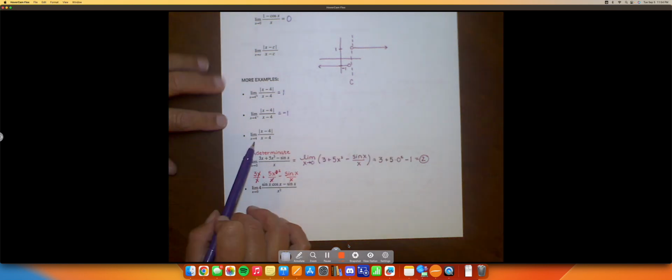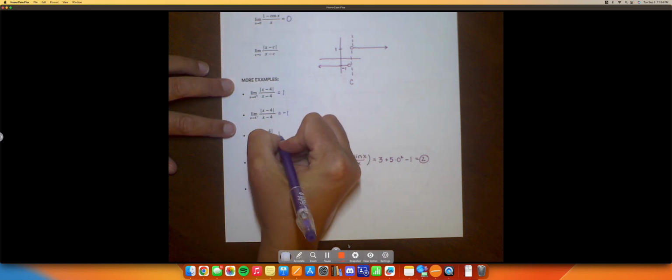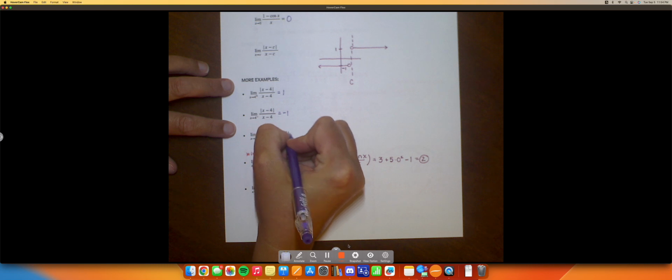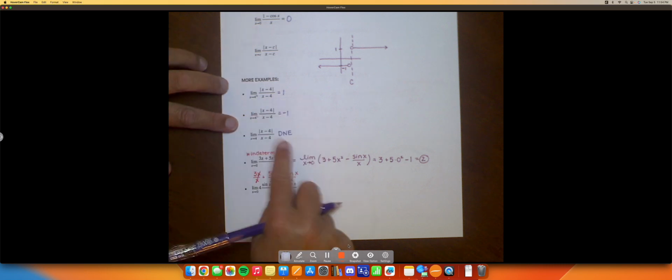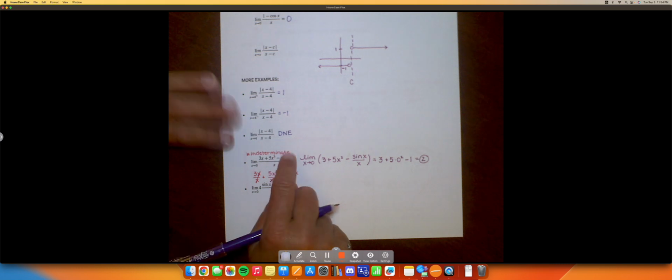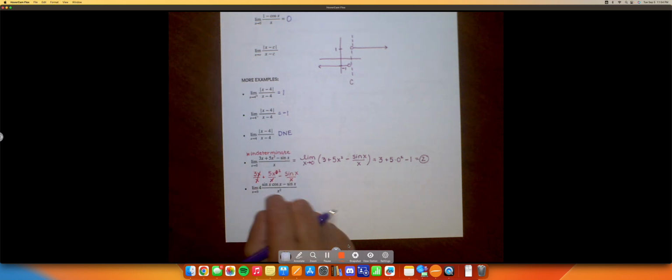So then when I just ask you the overall limit, your answer should be, this limit does not exist. Because in order for the limit as x approaches 4 to exist, the left and the right have to be the same. And because they're not equal, that's why this doesn't exist. You've actually done this same problem like a jillion times. So this is just where it shows up formally in the notes.